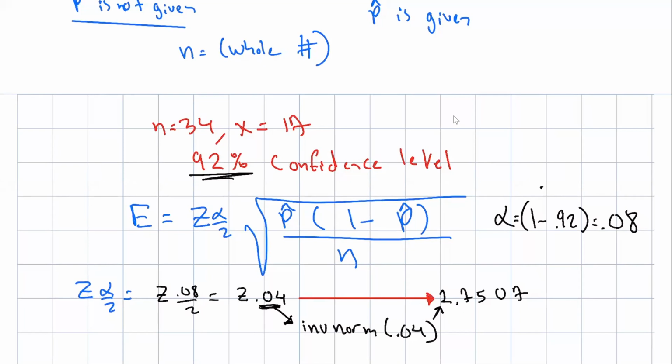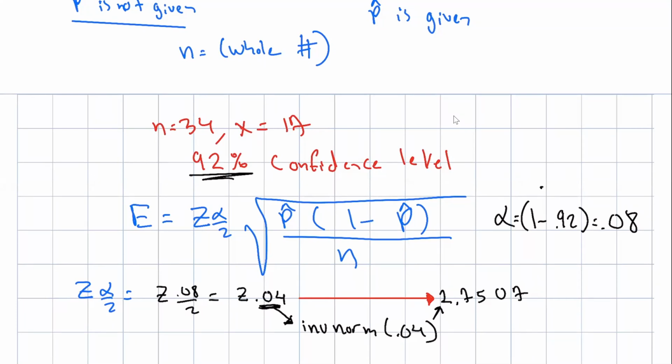So we get z is equal to 1.7507. Any question on how you get 1.7507 for the z value? All right, I'll do that answer once I'm done with this one.